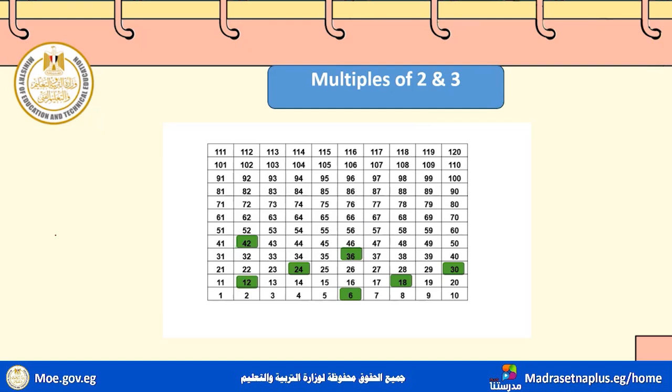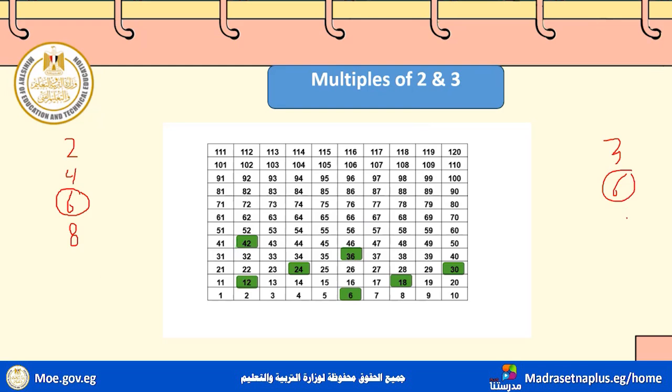Let's write multiples of 2 on the left, multiples of 3 on the right. 2, 4, 6, 8. On the right, 3, 6. Oh, let's circle 6 on both sides. Yes.